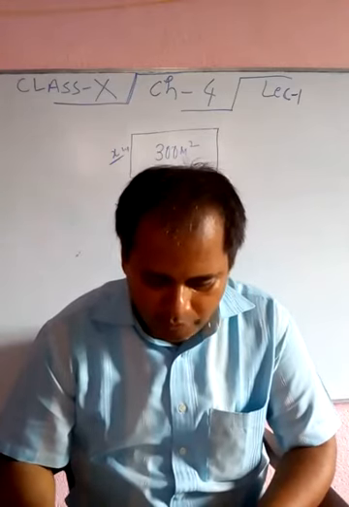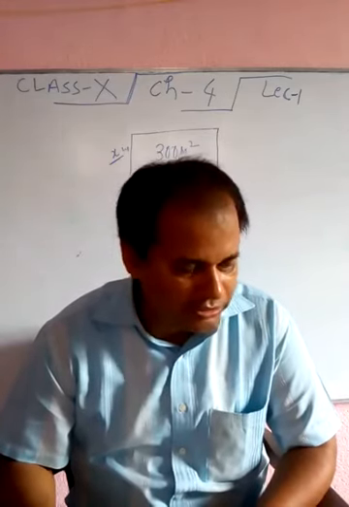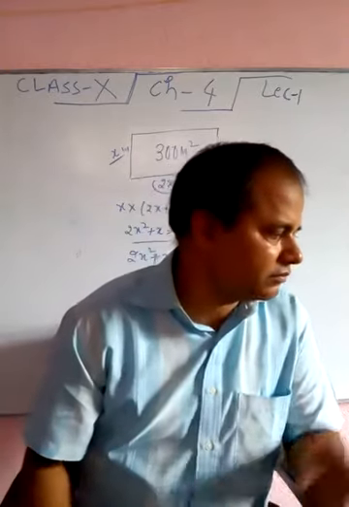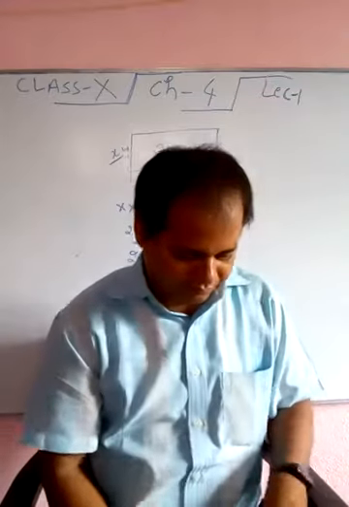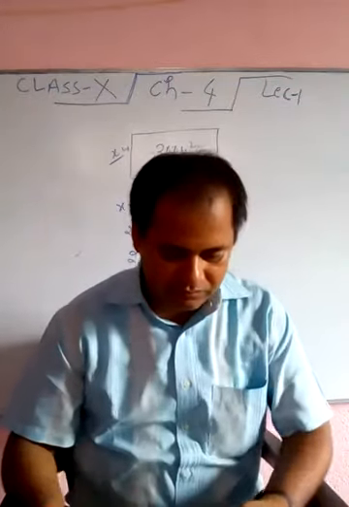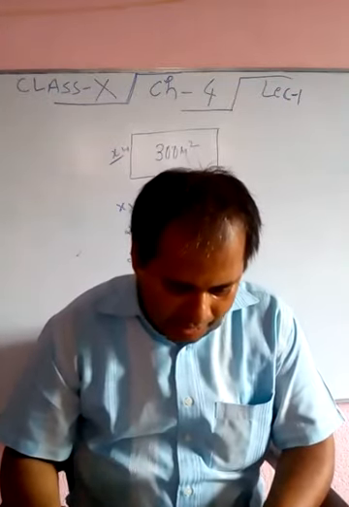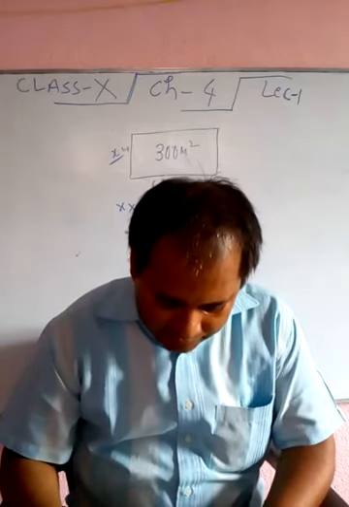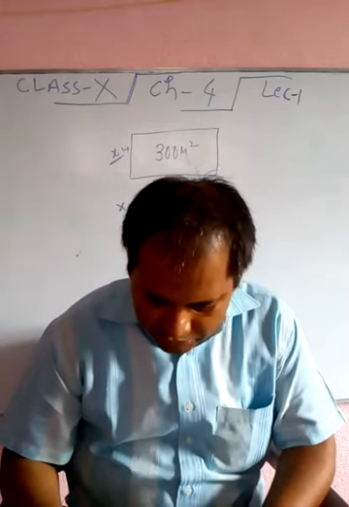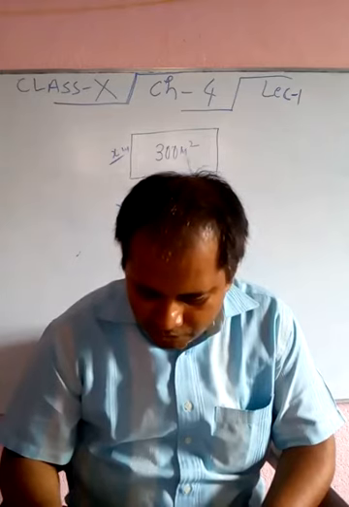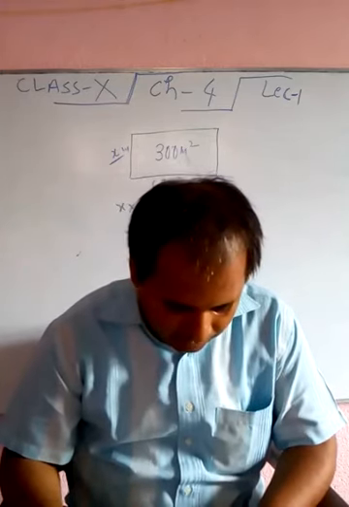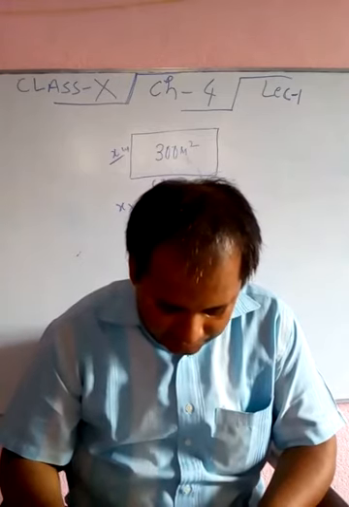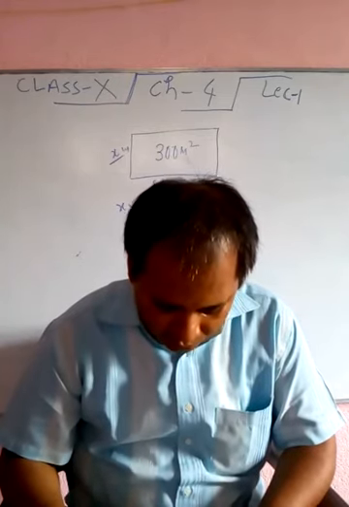Next point is 4.2, quadratic equation. A quadratic equation in the variable x is an equation of the form ax square plus bx plus c is equal to 0, where a, b, c are real numbers and a is not equal to 0.